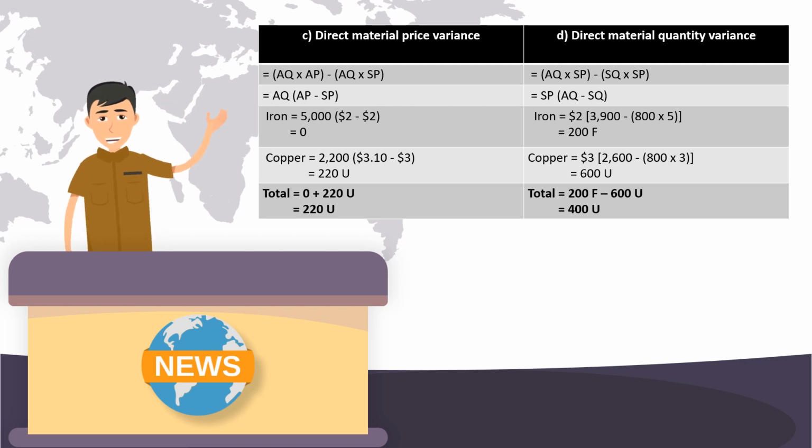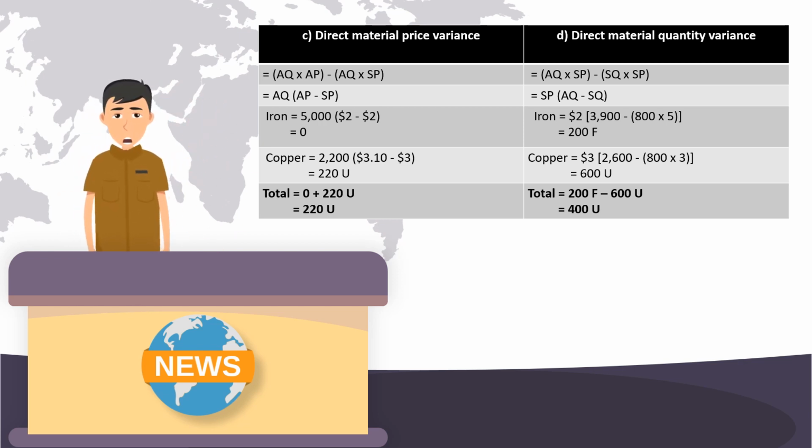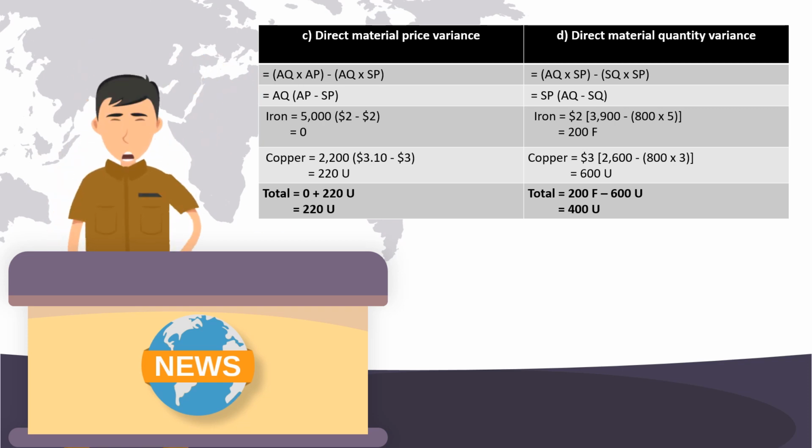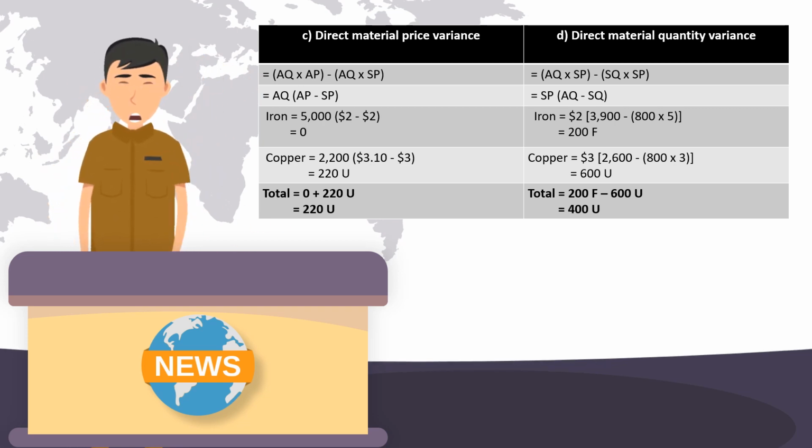So we get 200 favorable. And for the copper, we need to take 3 times 800 minus 2,600 and we get the answer, and we multiply by 3 and we get 600 unfavorable. So the total direct material quantity variance, we got 200 favorable minus 600 unfavorable, we get 400 unfavorable.